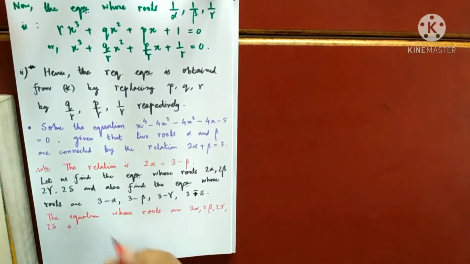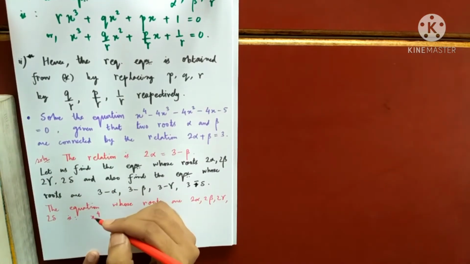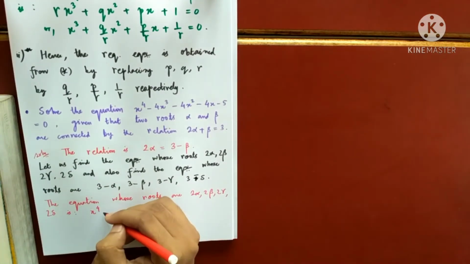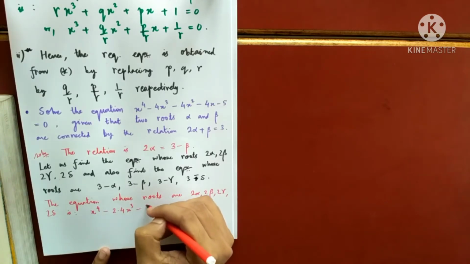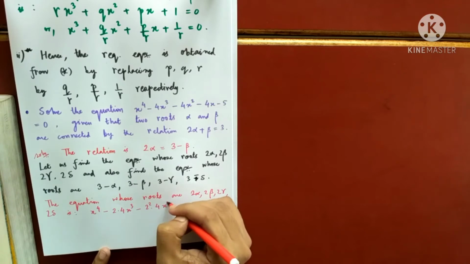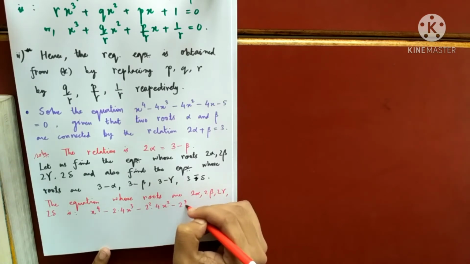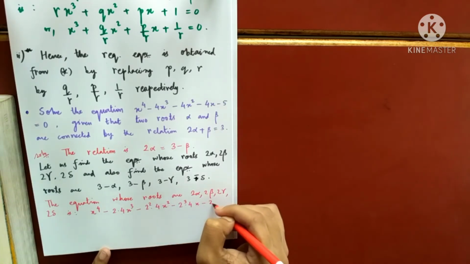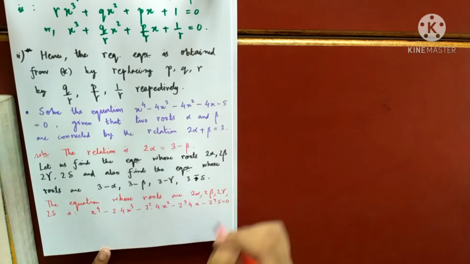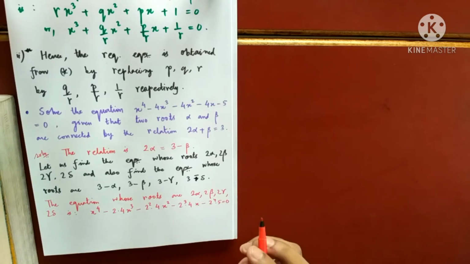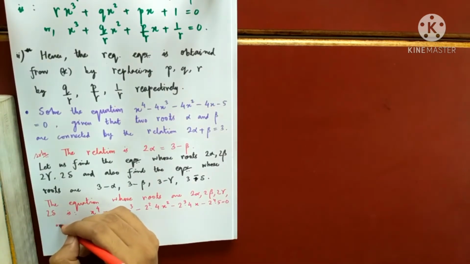So it is x to the power 4 minus 2 into 4x cube minus 2 square into 4x square minus 2 cube into 4x minus 2 to the power 4 into 5 equals 0. So this was the rule to get an equation whose roots are double the roots of the original equation.